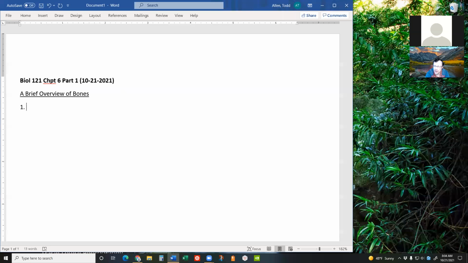The skeleton provides a physical, sturdy framework to hang our muscles around and other soft tissues, so it provides support and a limited amount of protection, right? You think about your rib cage protecting your internal organs. Think about the bones of your skull protecting your brain, the vertebral column protecting the spinal cord. So bones provide both support and protection.